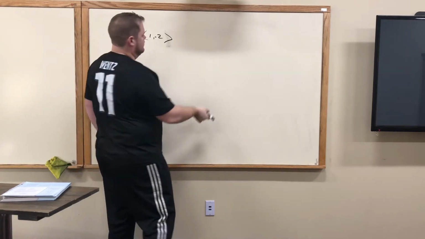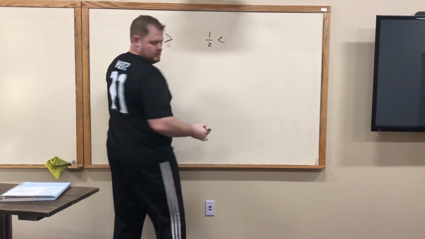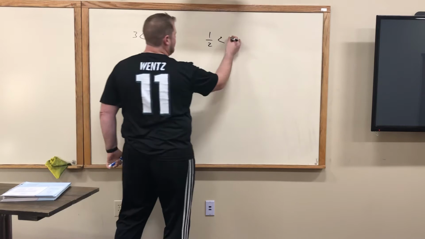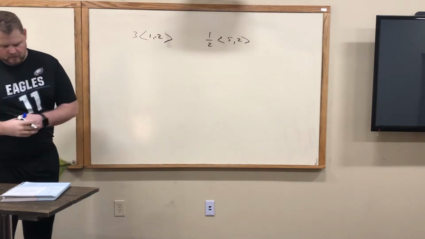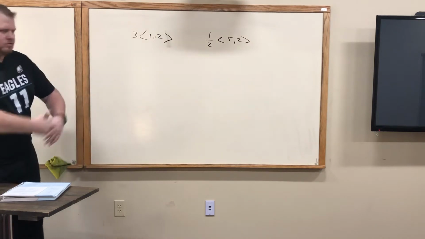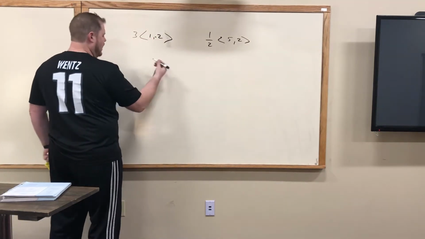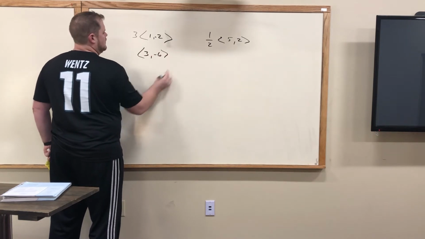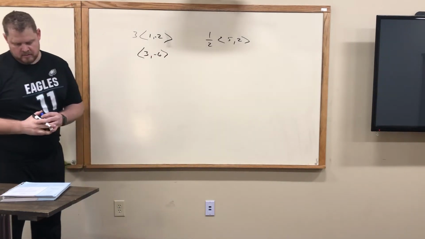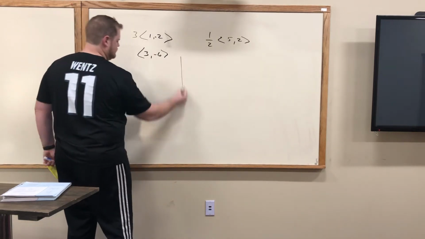We're doing 2 problems here, one with 1/2 in the same problem. How would I make this 3 times longer? I'm going to make the 1 three times longer, and the 2 three times longer. And there's your answer. So how would I graph that?